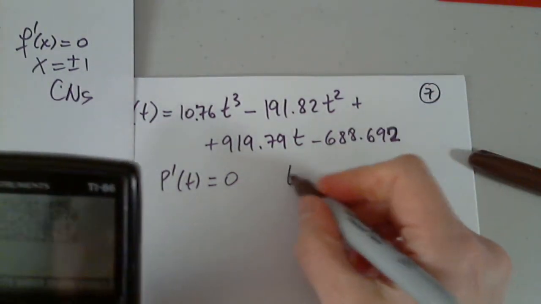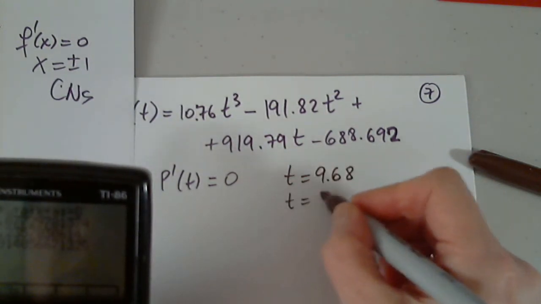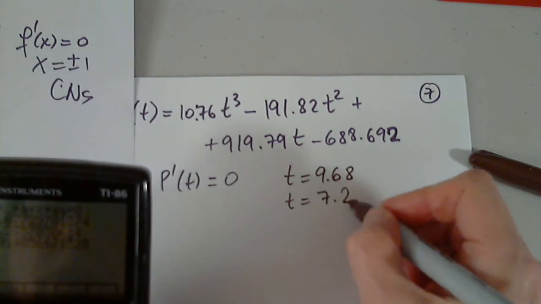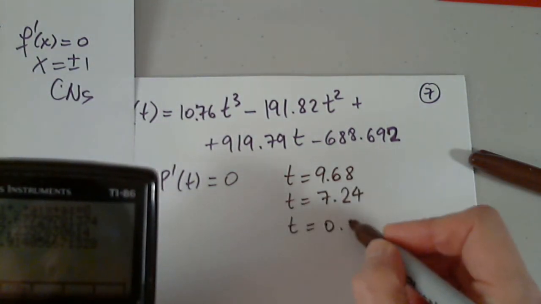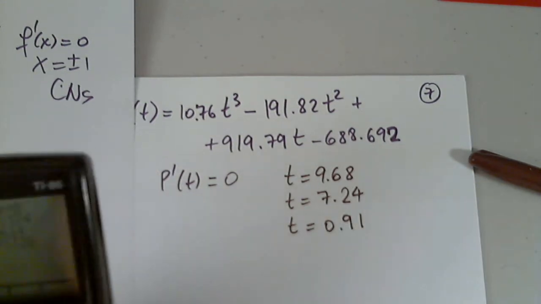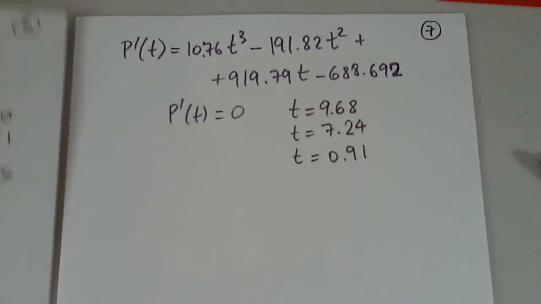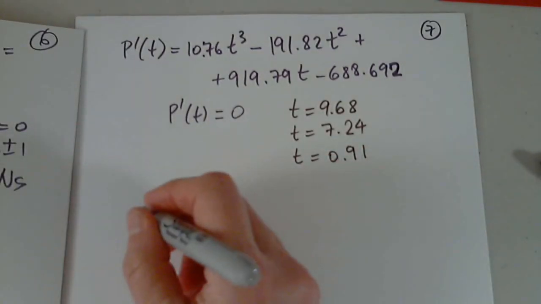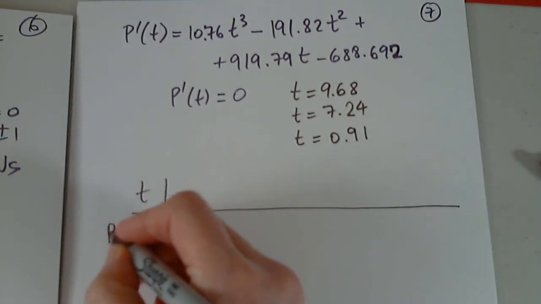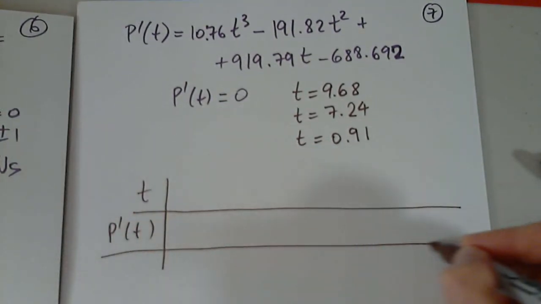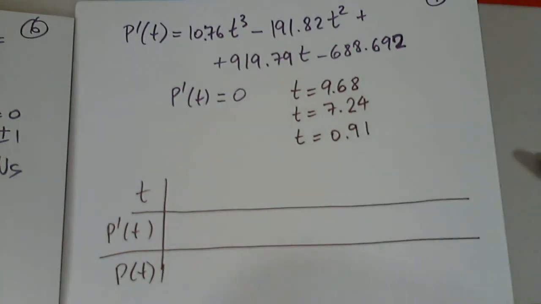So I get t equals 9.68, t equals 7.24, and t equals 0.91. However, this means nothing by itself. I have no idea which of these gives a maximum.